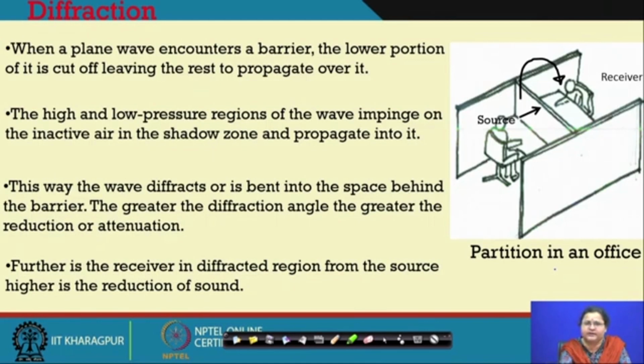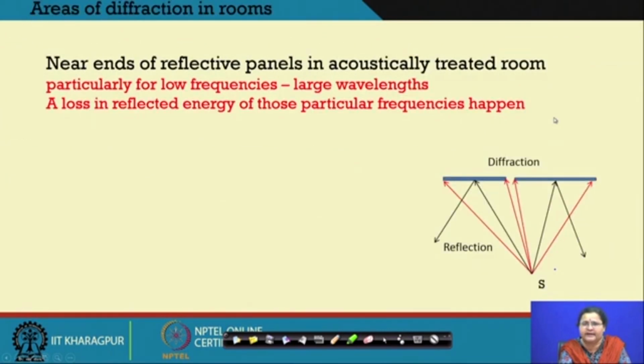Partially you can take care of the sound by putting this barrier, but you cannot completely take care of it if the partition wall is not that height. That is why, to give privacy within an open office area, you have to take care of the heights of these partition walls.